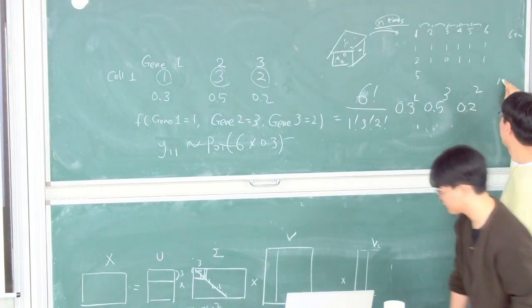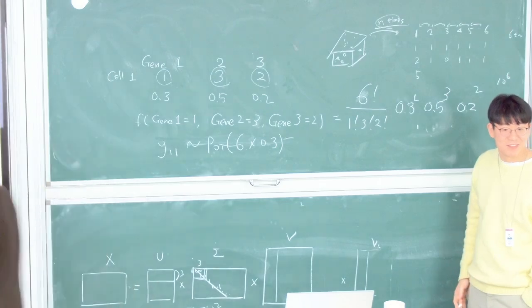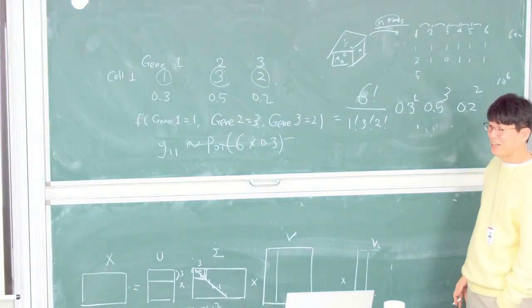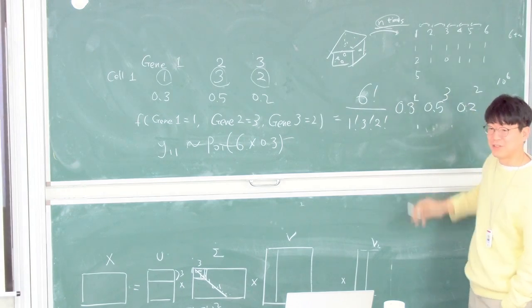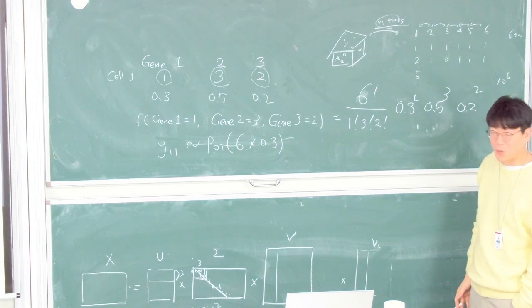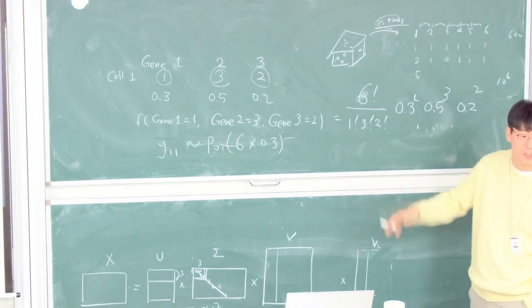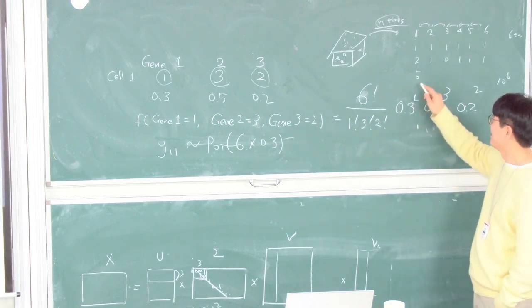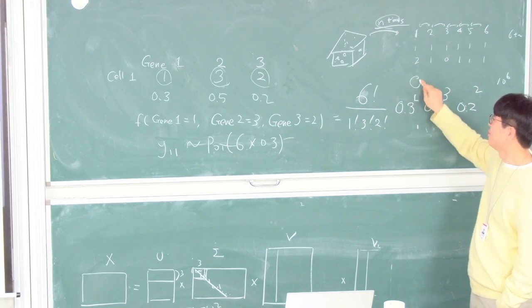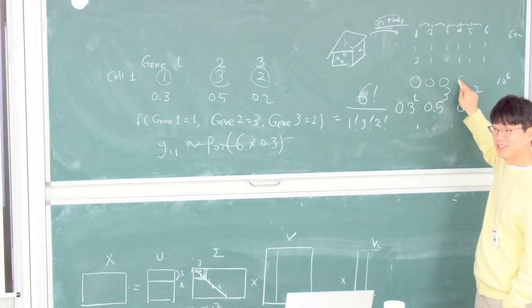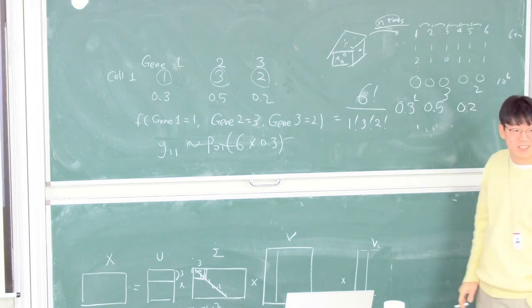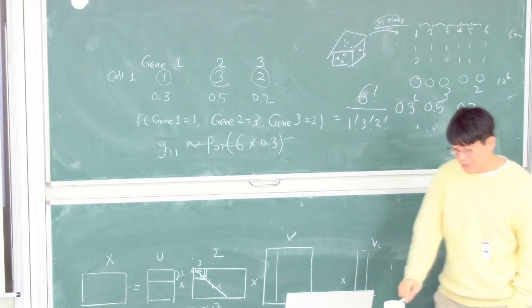But let's think about it: we are not doing 6, but 10 to the 6. And another condition here is that the chance of each component is pretty low. The pi i is low. That means every number could be very, very small.